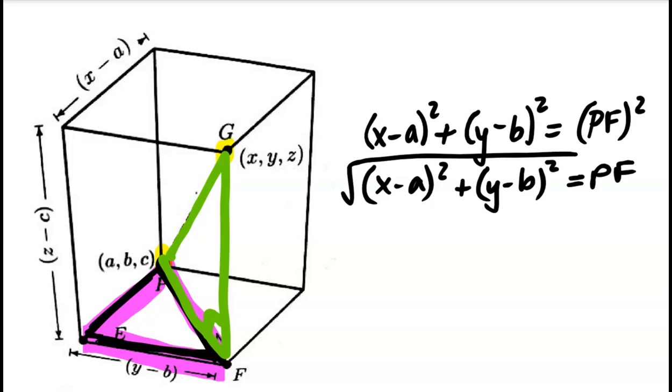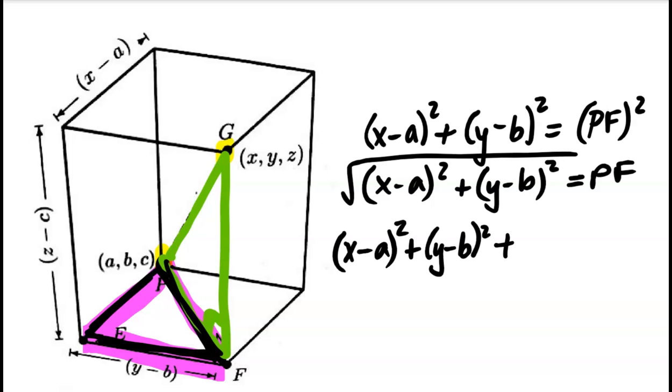So we know the length along the bottom of the triangle is going to be PF. If we use the Pythagorean theorem, we'll square that side, and when we square PF, we'll end up with x minus a squared plus y minus b squared. That's my first leg. So now we're going to add on the vertical leg and square it: plus z minus c squared.